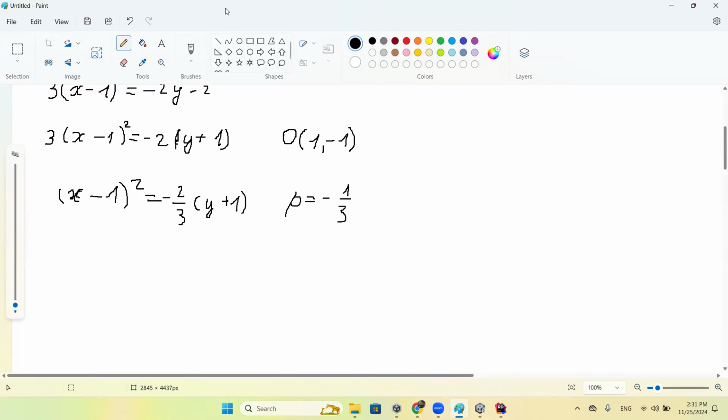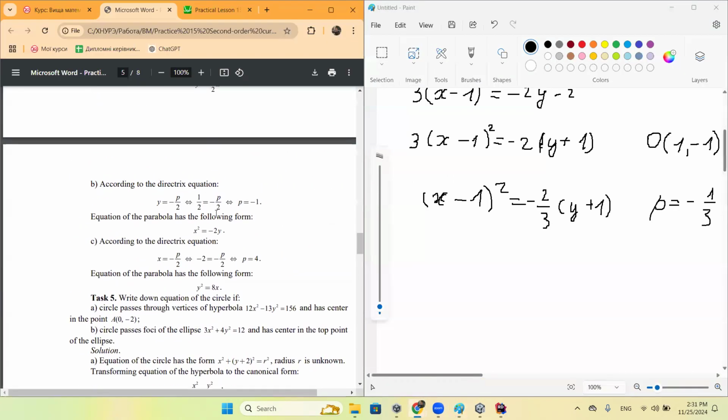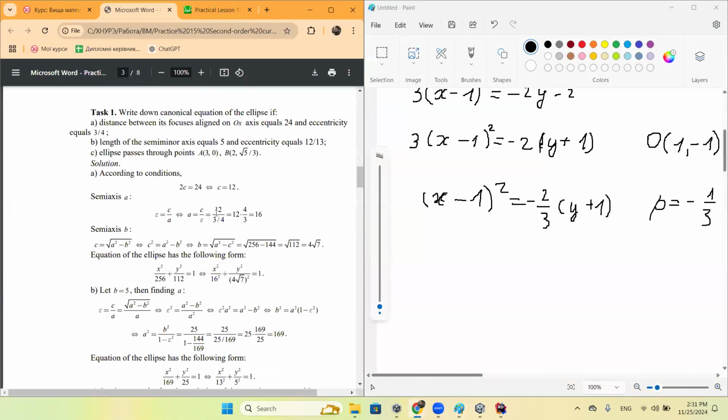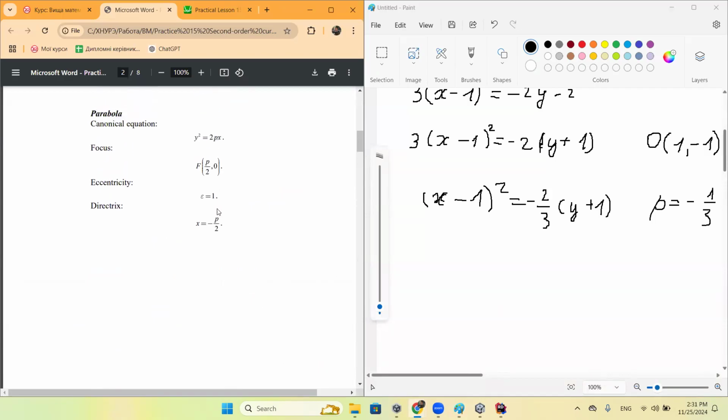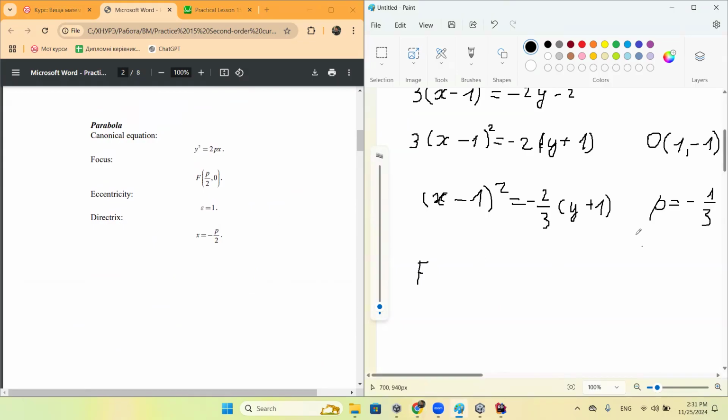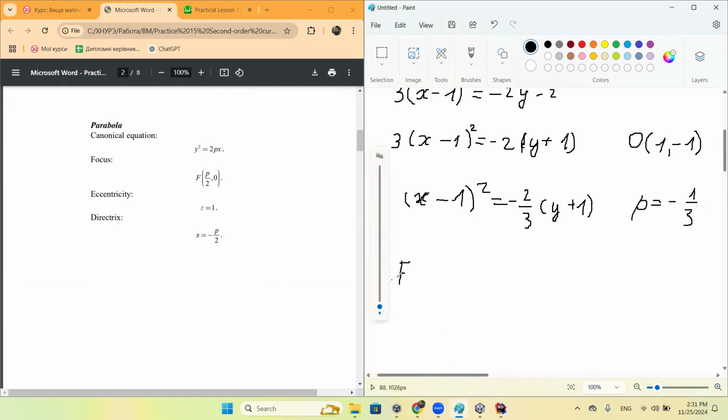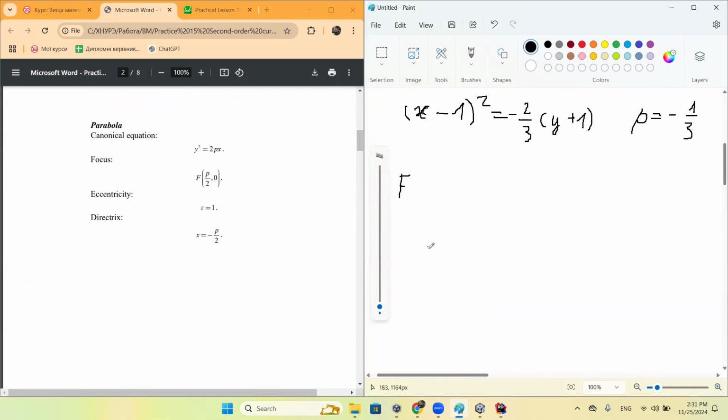So let's find the characteristics. The focus has coordinates p by 2 plus 0. Don't forget that our parabola looks like this, with the center at coordinates 1, minus 1. So the focus is somewhere here.